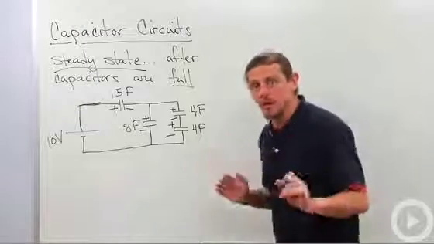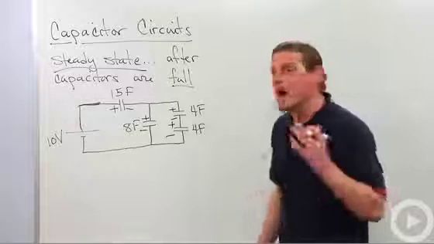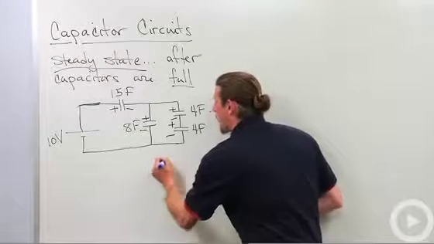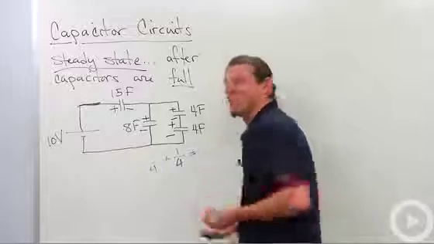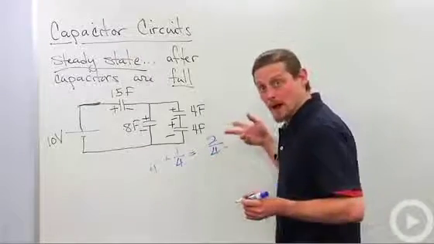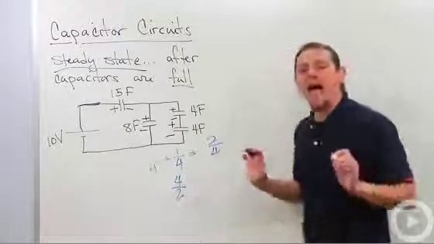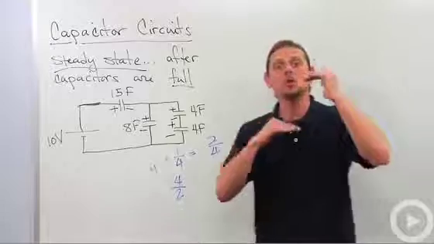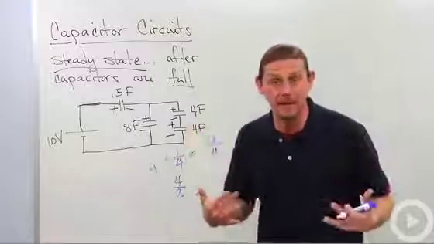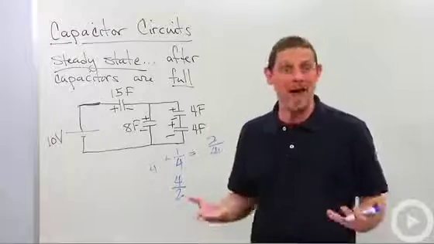Now, this is especially easy when, as in this case, it's the same capacitance, because we'll do 1/4 plus 1/4, and that'll give us 2/4. So when we flip it back upside down, it's going to be 4/2. That happens anytime you have two capacitors that have the same capacitance connected in series. The effective capacitance is just 1/2.